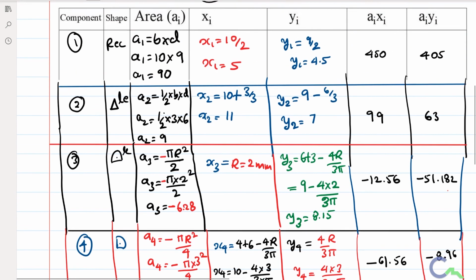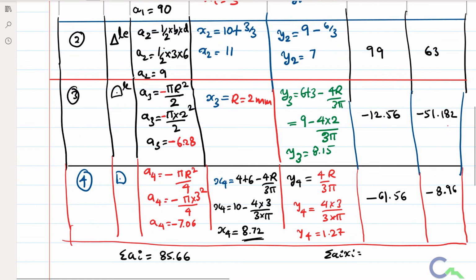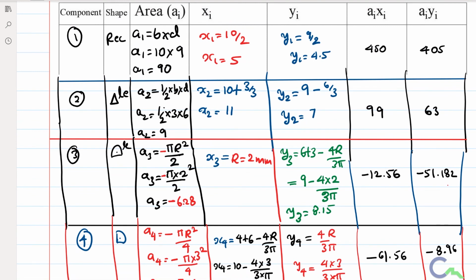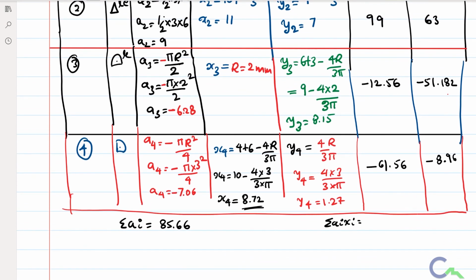Then I am going to do the summation of Ai xi. So if I do the summation, the first value is 450. So 450 plus 99 minus 12.56 minus 61.56, we will get 474.88.